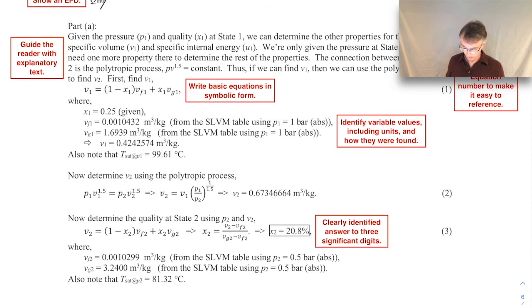Going further down, you can see here when I actually solved for one of the things that was asked for, this x2 quantity, I put a box around it so it's easy to find. And in engineering, typically our solution, our numerical values that we solve for, go out to 3 significant digits. You can see 1, 2, 3 here. Don't write answers out to 6 significant digits or whatever your calculator can go to.